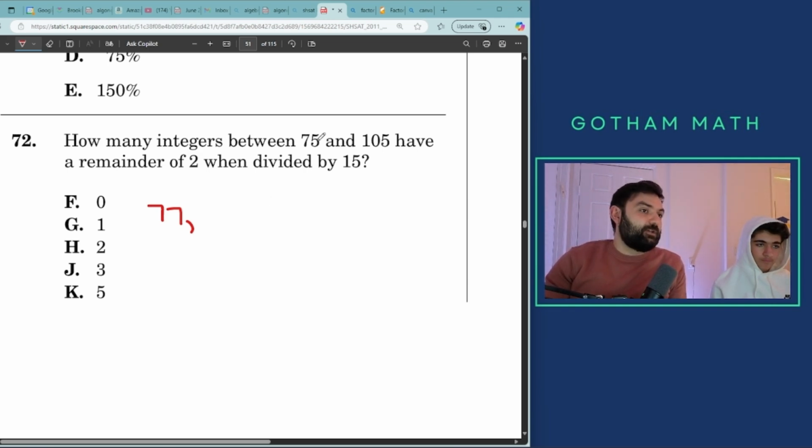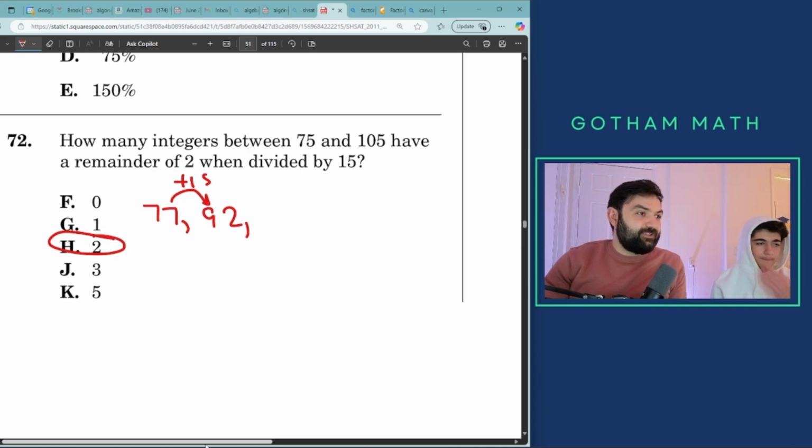The next one would be 90 if you add 15, but with the remainder 2, it would be 92. Can we fit one more? We can't. That's it, just 2. Easier than it looks. It looks like a hard question, but it's not.